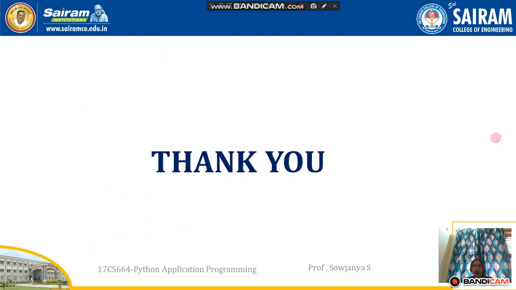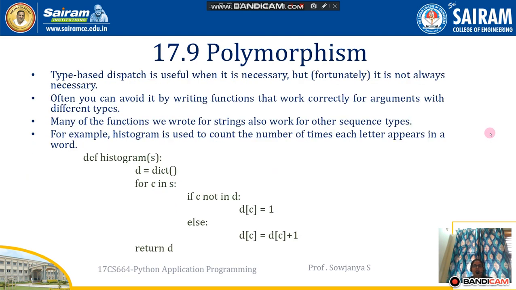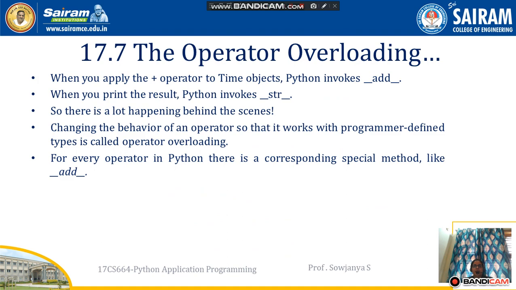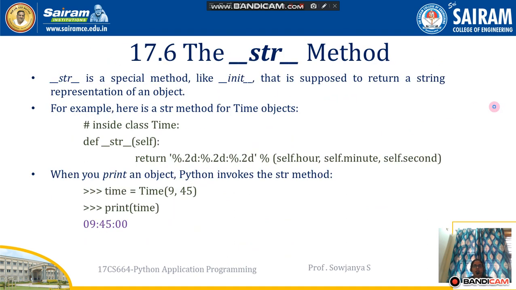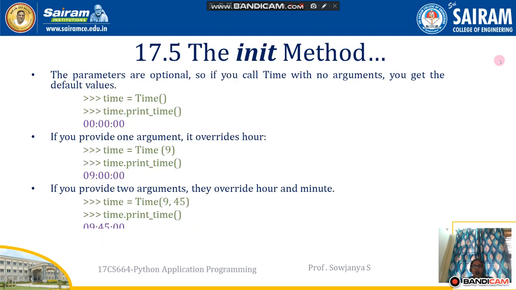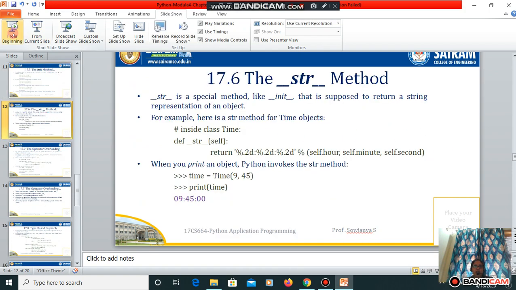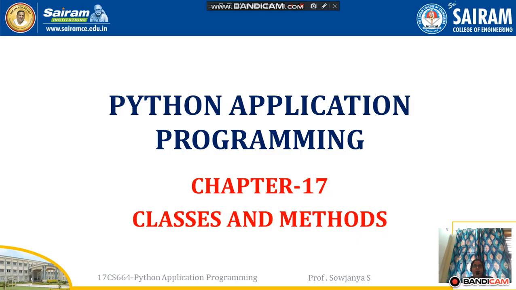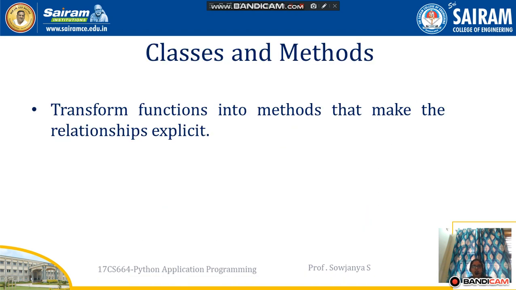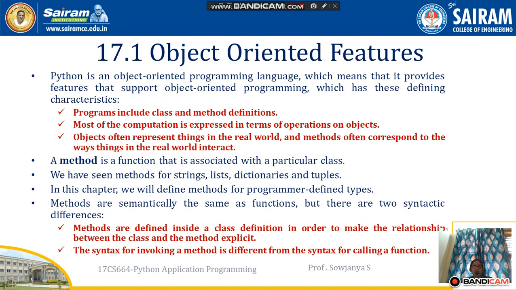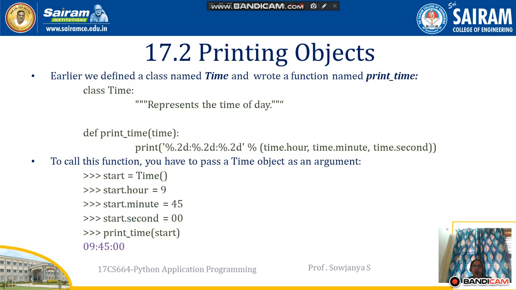So this is all about classes and methods and how they work. In general, what we discussed here is how we can use classes and methods, how object-oriented features are interpreted, what the characteristics are in Python, and how to print objects using the Time class.